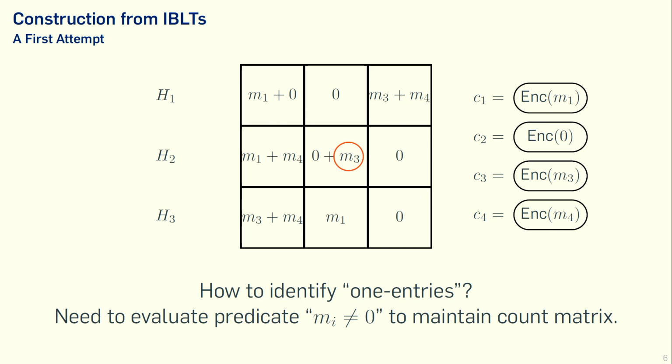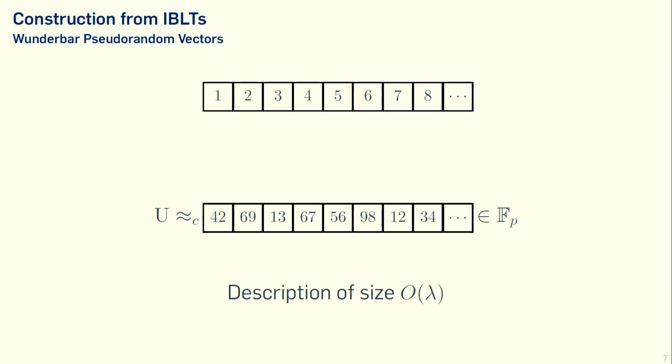So what can we do? We use something else. We use a tool that we call a wunderbar pseudorandom vector. What it is, basically, is just a vector that associates an index with pseudorandom values. So far, that's pretty simple. We can easily do that. We can just store a long list of pseudorandom values.